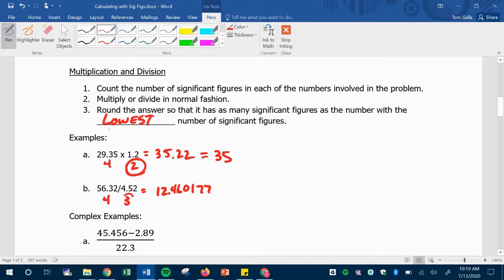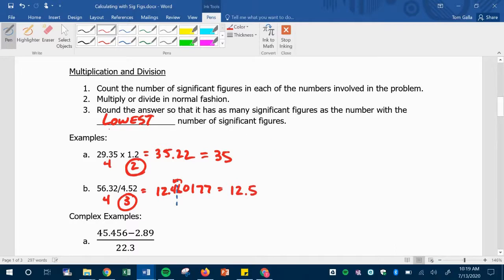So in this example, we need to round to 3 sig figs. And so as we're rounding to 3 sig figs, we'll just draw a little cutoff line here. Our cutoff line is between the 4 and the 6. And so the 6 is going to cause the 4 to round up. So that gives us 12.5 as our final answer.